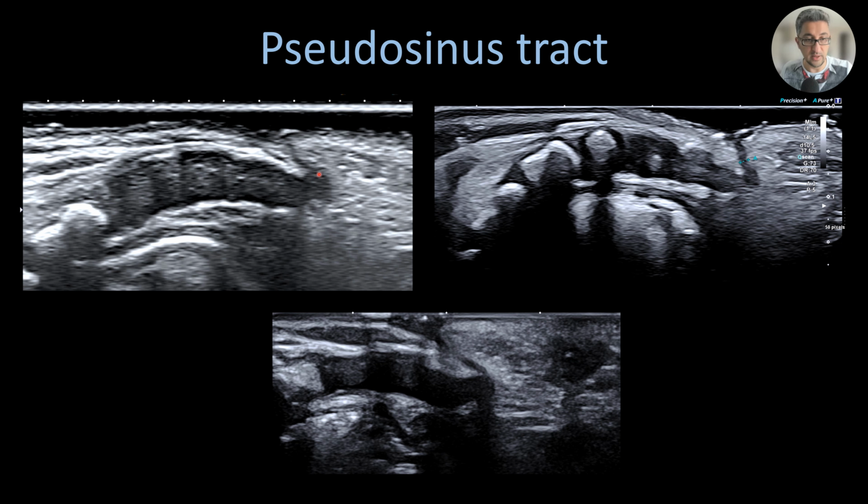So they are just fibrous bands extending between the tip of the coccyx and the dimple here, and they do not extend to the spinal canal, and they don't have an opening, so they are not at risk for an infection or epidermal cysts. And these should not be overcalled as spinal dysraphism, and they do not require a further investigation with an MRI.